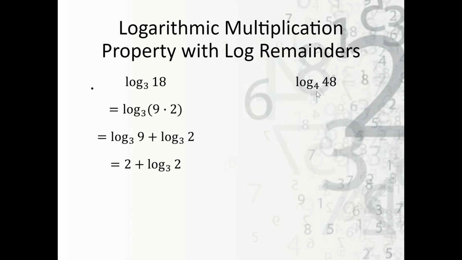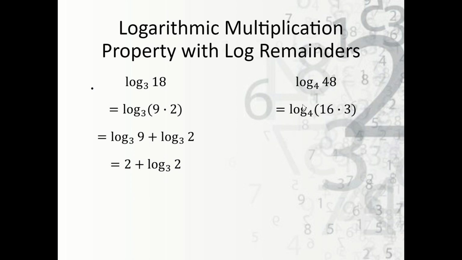Now here we have log base 4 of 48. So we're going to rewrite this as log base 4 of 16 times 3. You could pull out a 4, and then you would recognize that there was another 4 that you could pull out as well, so you just keep adding stuff in. But the simplest form from the beginning is to make this log base 4 of 16 times 3.